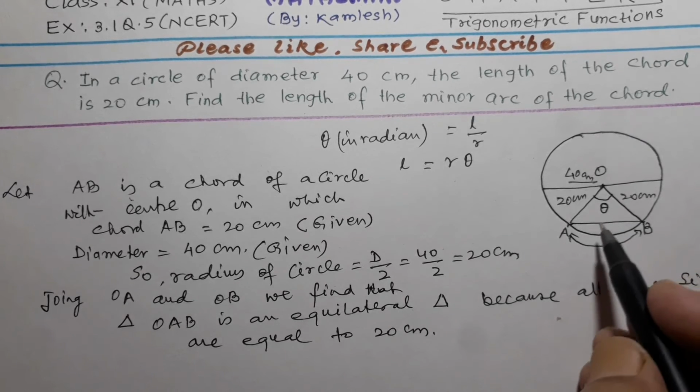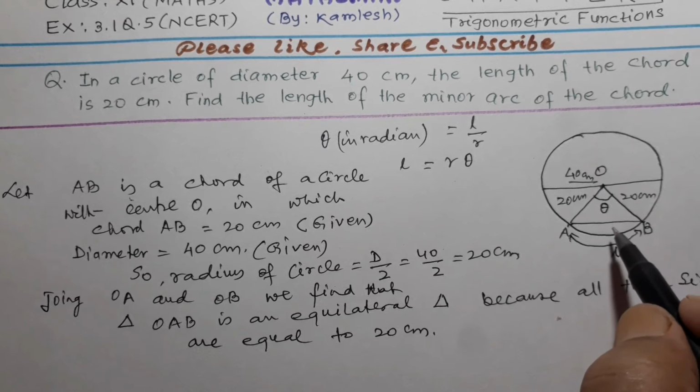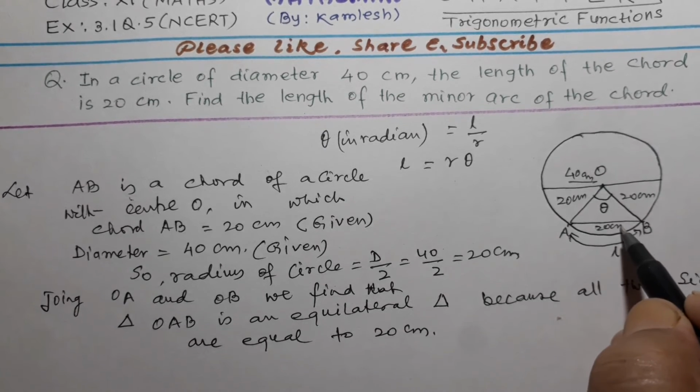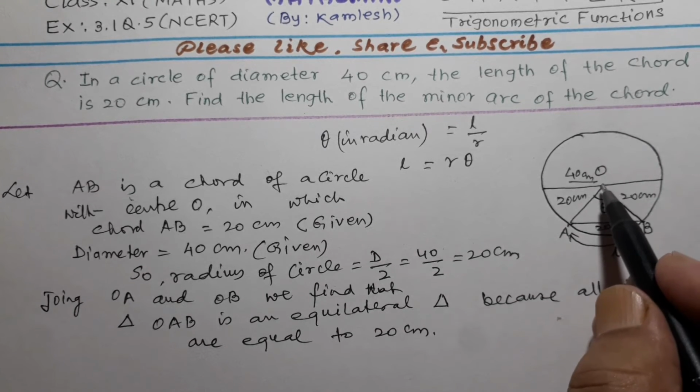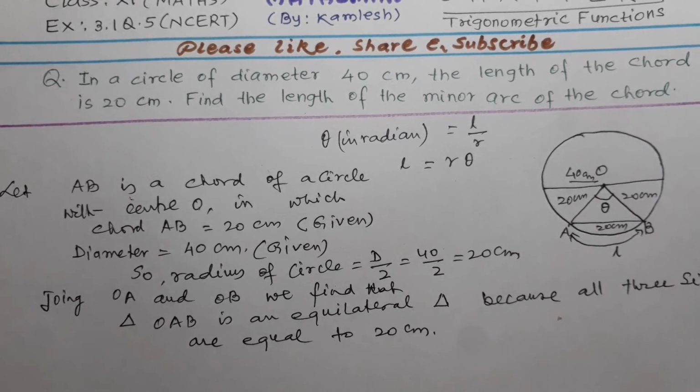Both radii are 20 centimeter. This chord is also 20 centimeter, given in the question. So this OAB forms an equilateral triangle, right?